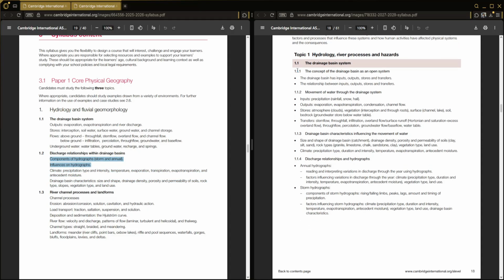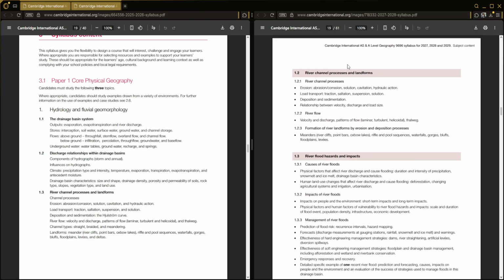Now they've just merged it into 1.1. The whole thing is about the drainage basin. Everything here you've studied over here. For hydrographs, as you can see here, this thing is basically here. All these drainage basin things are the drainage basin things. Actual content changes are very minimal. So again, 1.1, the drainage basin system, not much change.